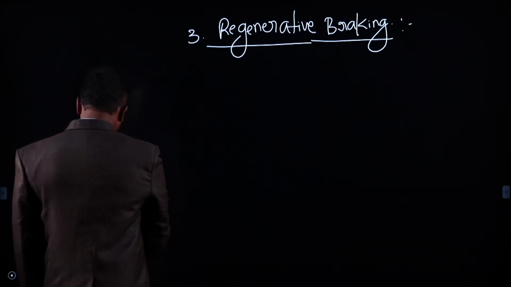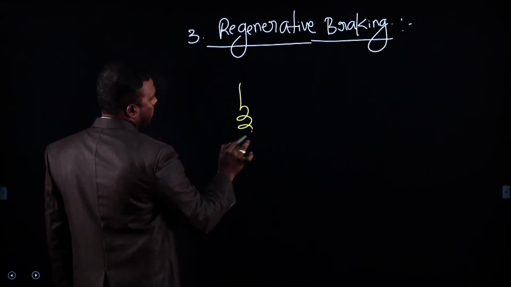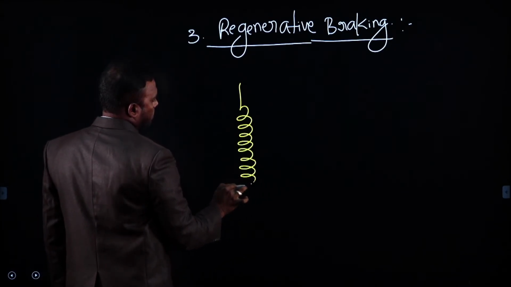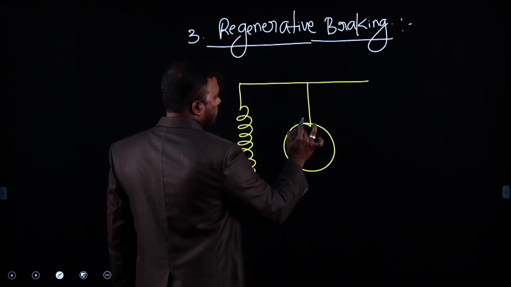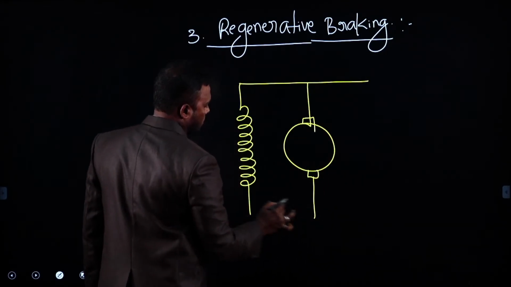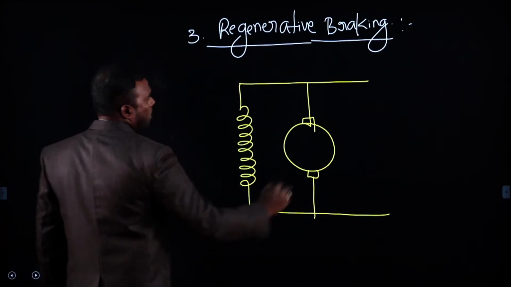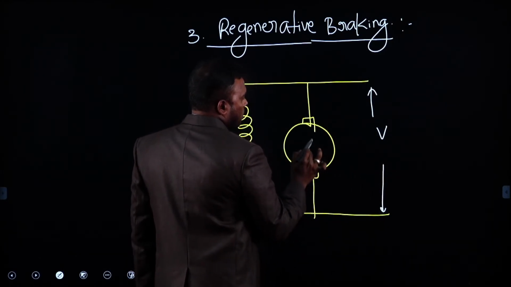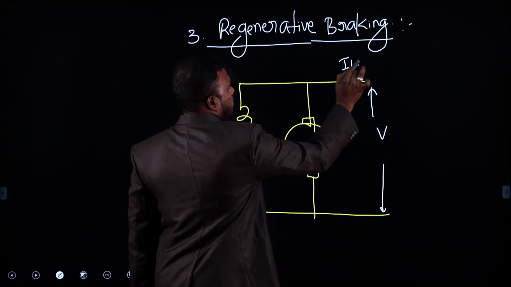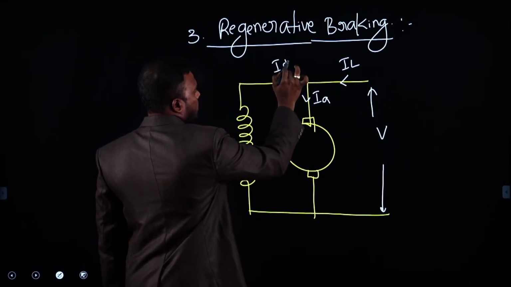Consider a DC shunt motor under normal running condition. Let the rated voltage be V, with currents IL, IA, ISH.